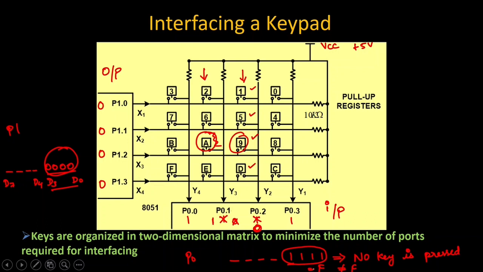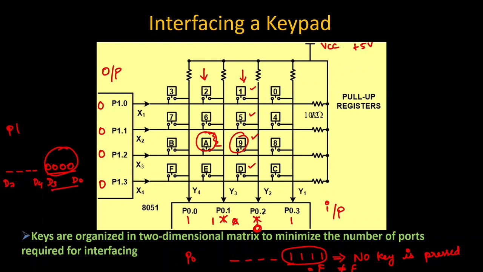Two conditions. With this condition, I can understand which column is getting those values, right? So we will identify some logic to understand in that column which key is being pressed. As of now, we will try to understand that this column key is being pressed, right?